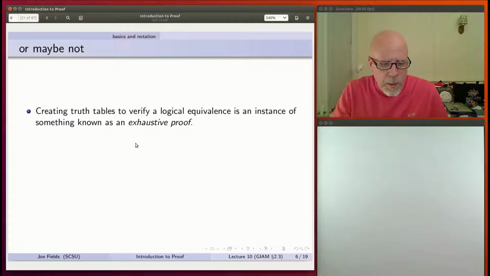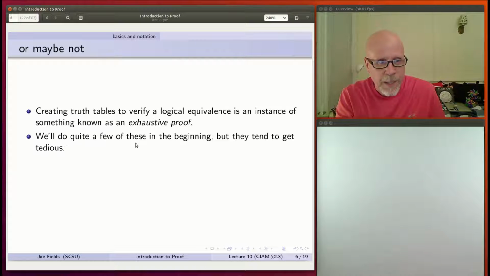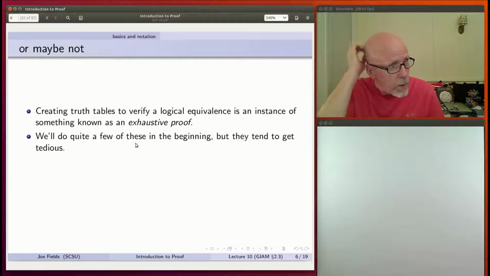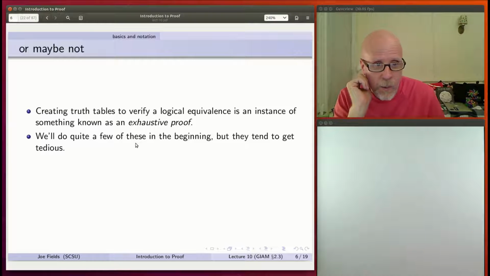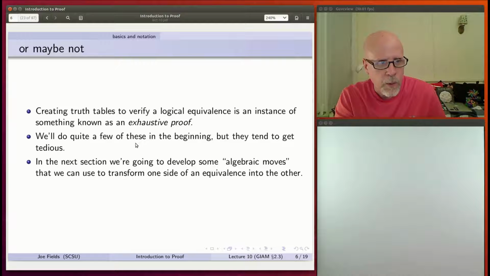But what's the problem with it? Well, it gets old after a while. It doesn't take very long for you to get sick of filling out truth tables. It's something that could be automated, so maybe you can find some software that will fill out truth tables for you. But there's a nicer, higher level way of approaching this topic, showing that things are equivalent.